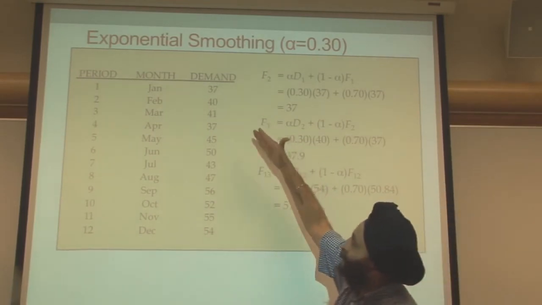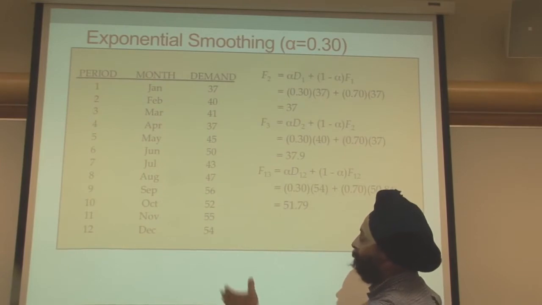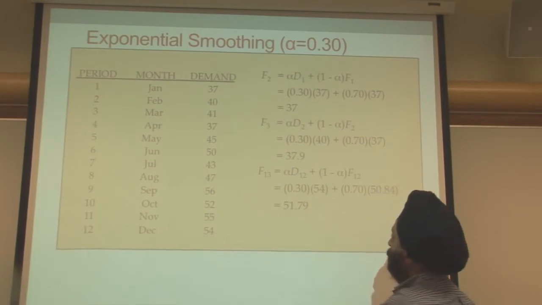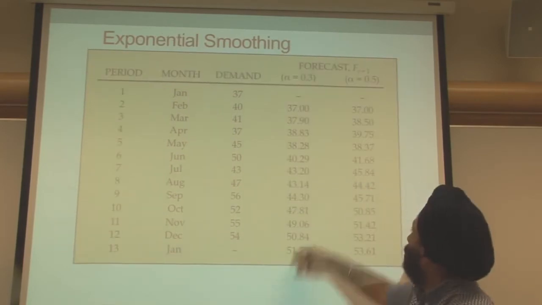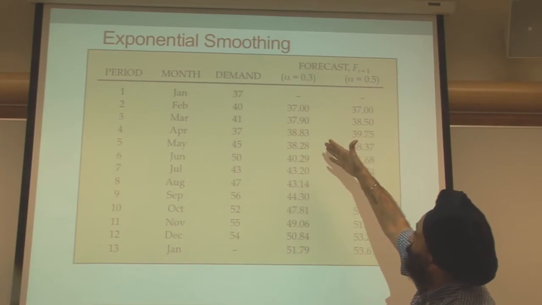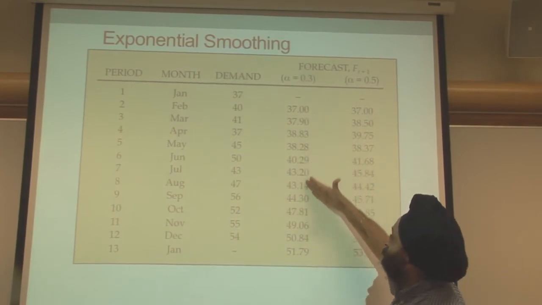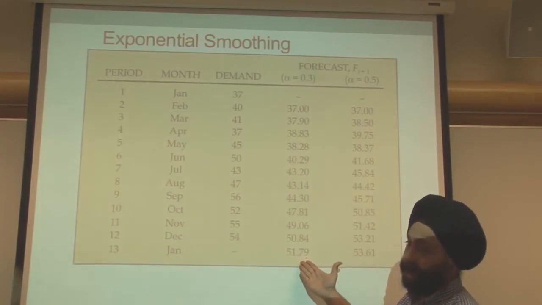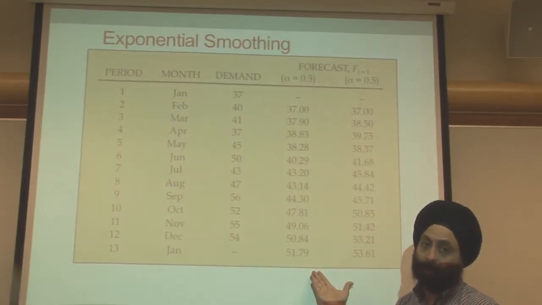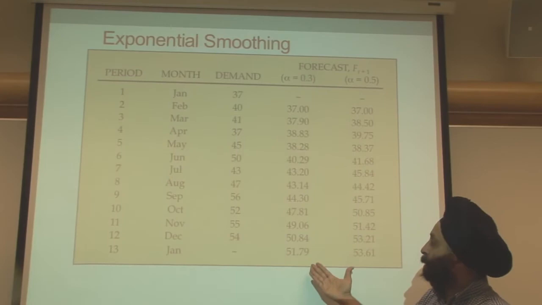We have to calculate every single forecast in order to calculate the forecast for the month of December. In this case, that comes out to be 51.79. Those are the numbers coming in for alpha of 0.3, all the way to 51.79. So that's the forecast for the next January.